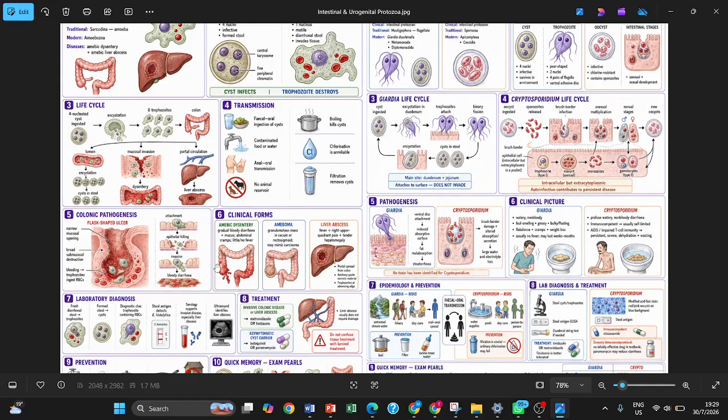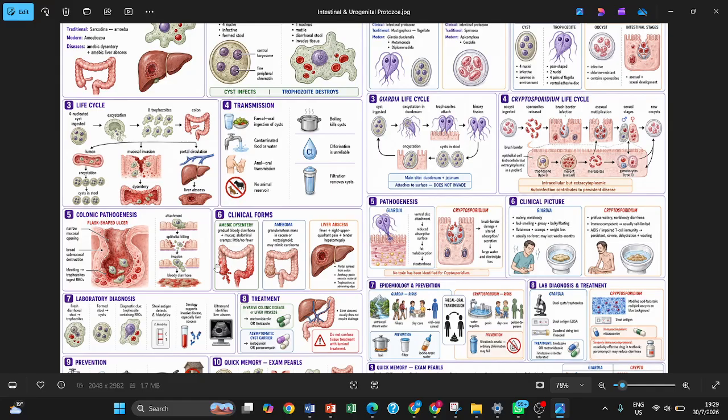This leads to malabsorption, especially of fat. Entamoeba affects your colon, but Giardia lamblia actually affects the duodenum and jejunum, together with Cryptosporidium. So Giardia lamblia leads to reduced fat absorption, leading to steatorrhea.